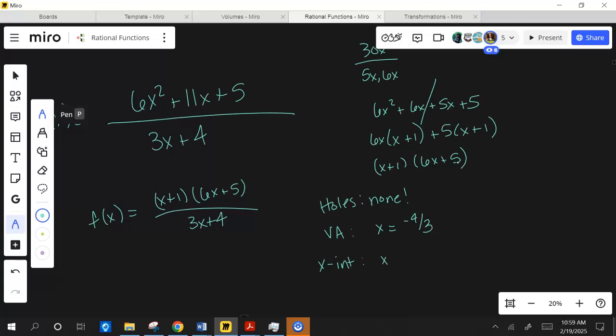I have 2 of them. What are they? -1. Subtract 5 divided by 6, right? I don't think any one of these steps is terrible. It's just that there's so many. All right.